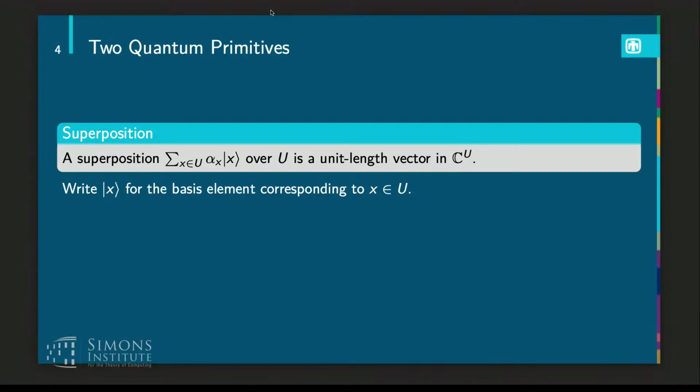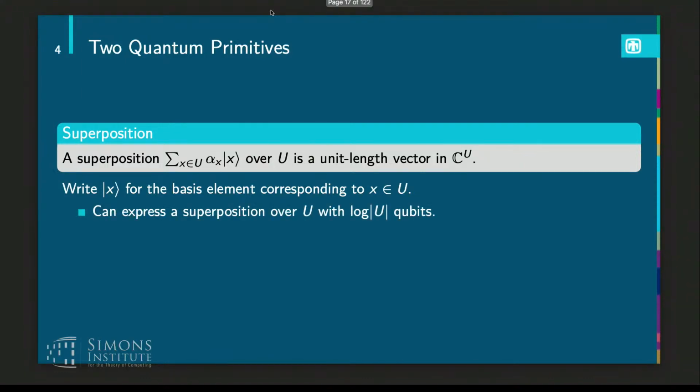And so the way that you should think about this is that if you have some classical universe U, a superposition will be a length 1 vector in the complex vector space, where each basis element is one of the elements of U. And we'll use this ket notation to denote these individual basis elements.